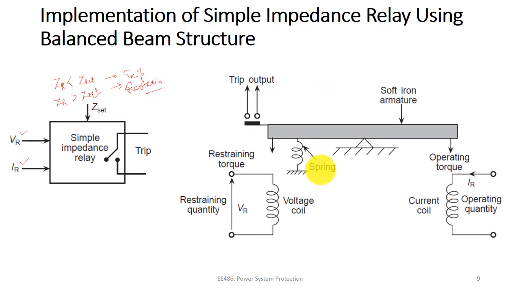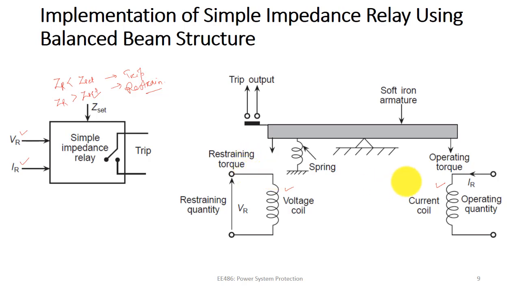Now we can see a balanced beam structure where we can apply torque on both sides. The spring is connected at one end and provides a force there, and at the two ends we have two coils. One is the operating coil, which is the current coil, and the other is the voltage coil, also called the restraining coil, which produces the restraining torque.